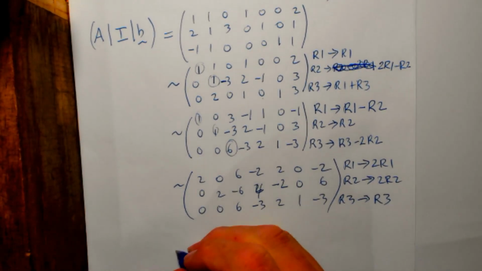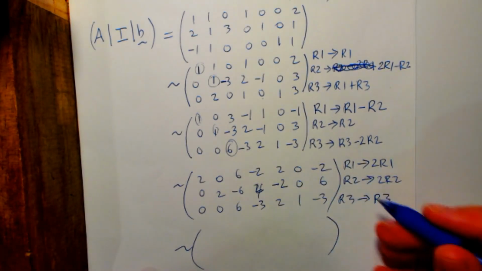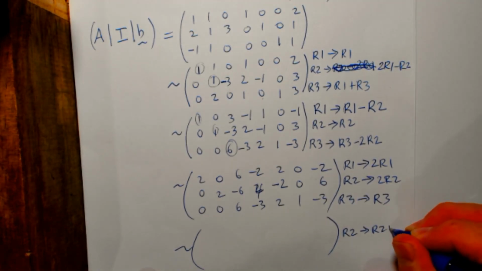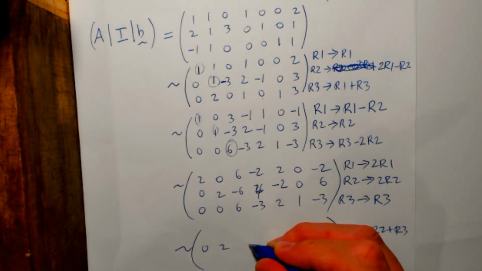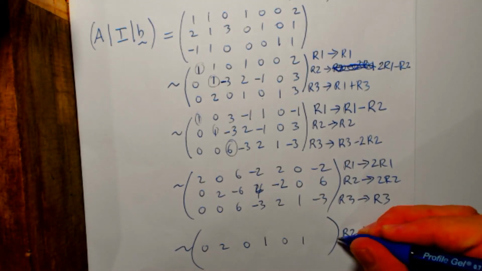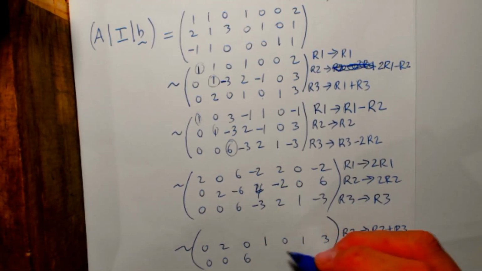Okay, so now it's really easy to get zeros above this third pivot. So we'll replace row 2 with row 2 plus row 3. Keep row 3 the same for now.